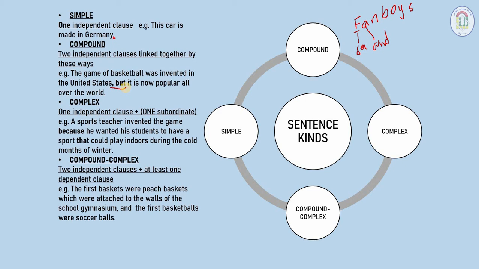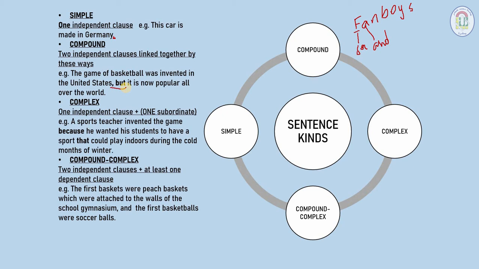Complex. Normally in the complex sentence we either have a relative pronoun or adverb and or subordinating clauses. And normally in the complex sentence we should have one main clause or one independent clause, plus at least one subordinate clause or more.